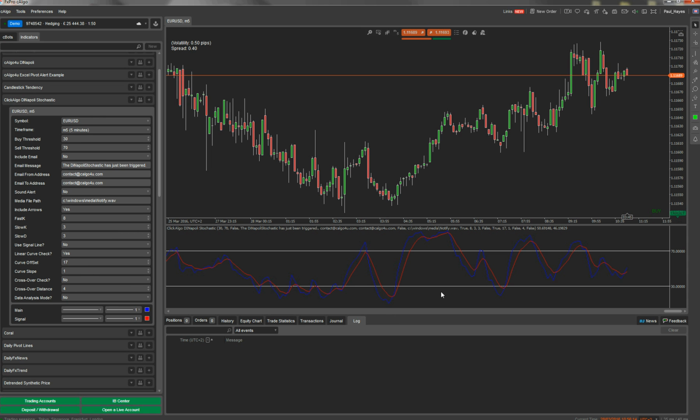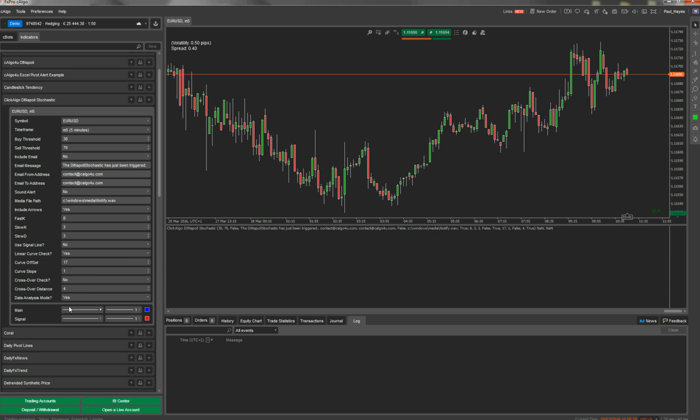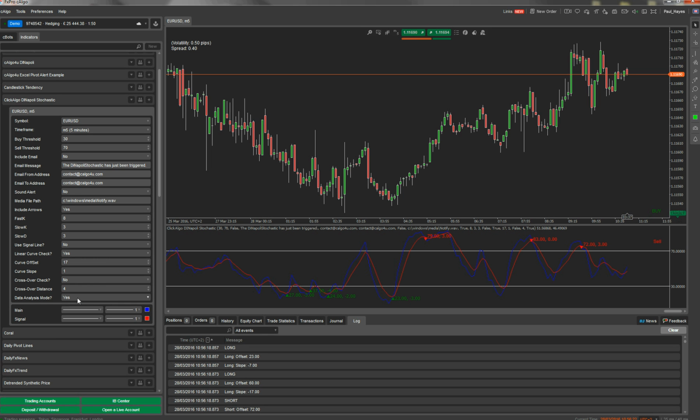To find out what the values are for each of these curves, you turn on the data analysis mode. There you go. This is now showing the blue line result, because the use signal line setting at the top uses the red line, the signal line. If it's no, it uses the result line, which is the blue one. In this case, the result line for that curve was 23 and 3. Because it's a little bit jagged, I'm going to use the signal line, which is the red line.